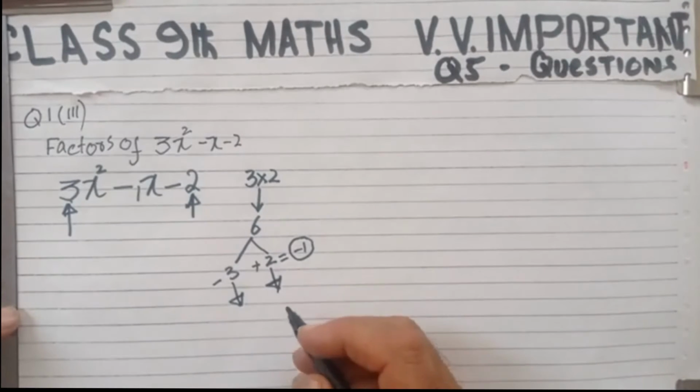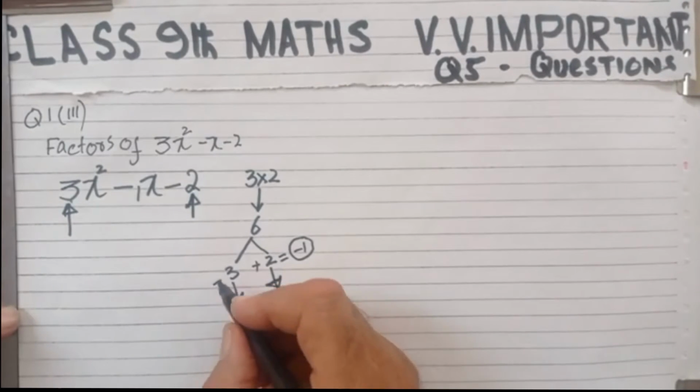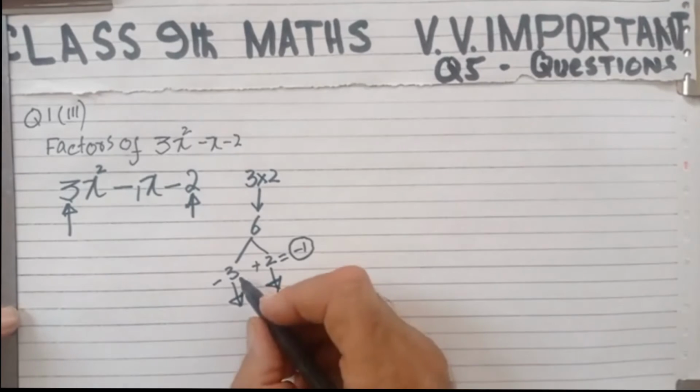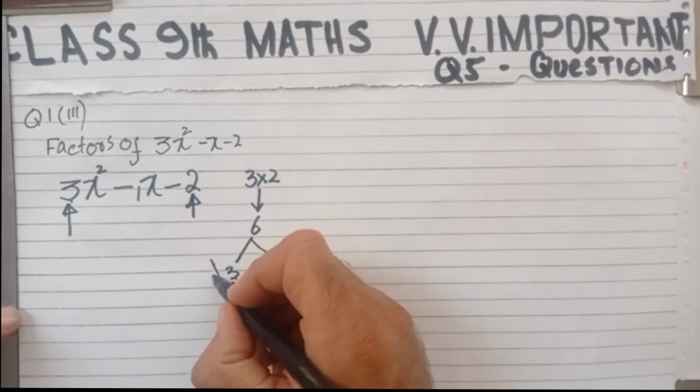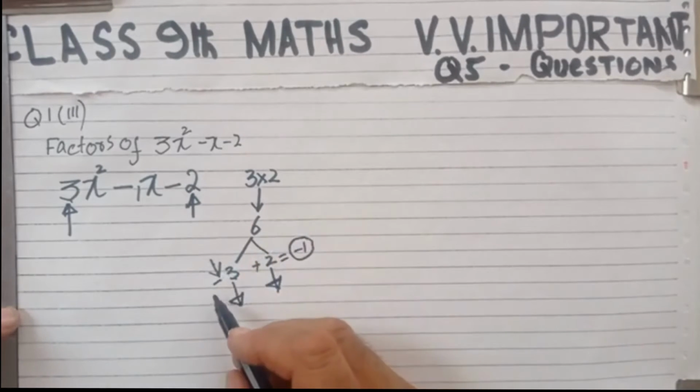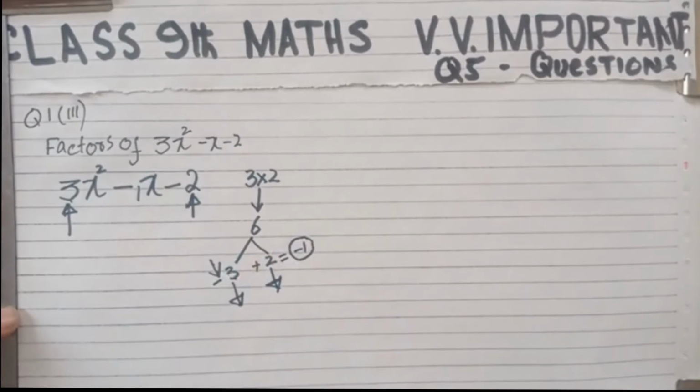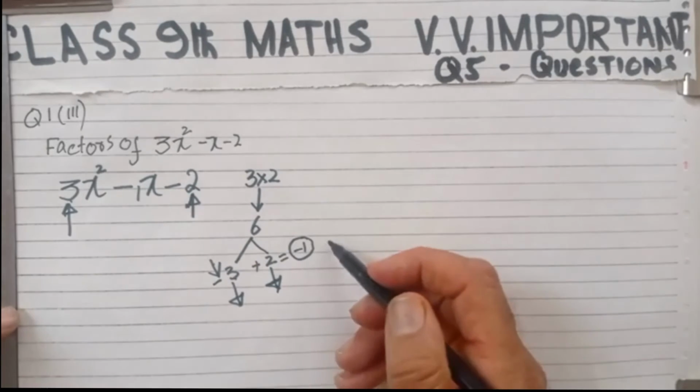So I place the sign of the greater quantity, and 3 is greater than 2 and 3 has a minus sign, so I will place minus over here, and once I subtract 2 from 3, that is minus 1.